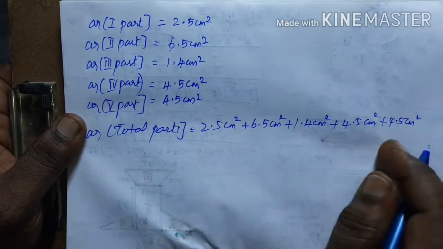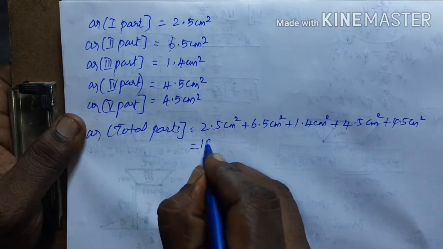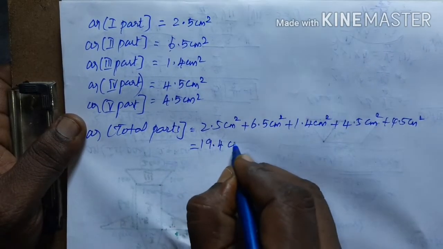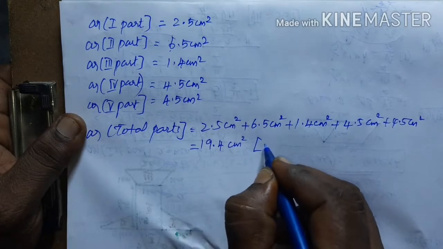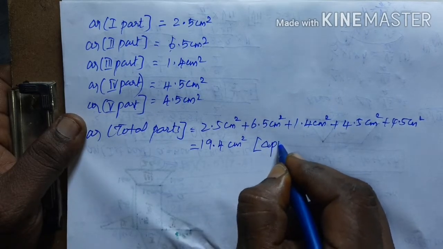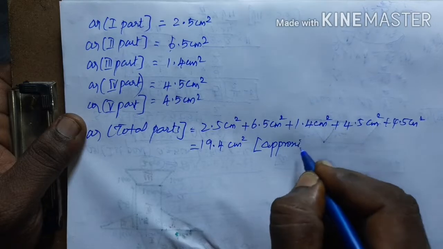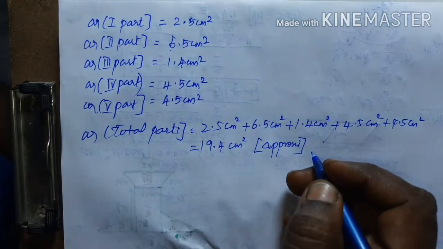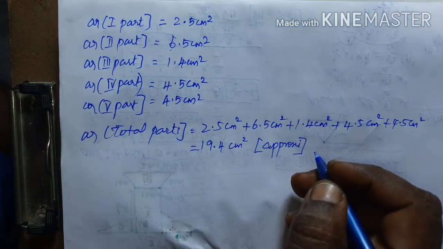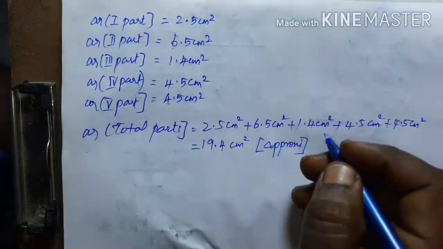If I add all the values, I will get the answer 19.4 centimeter square, and this is the approximate value for making an aeroplane, and that is the answer.